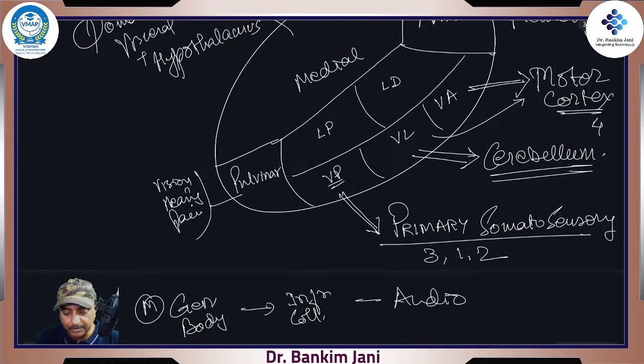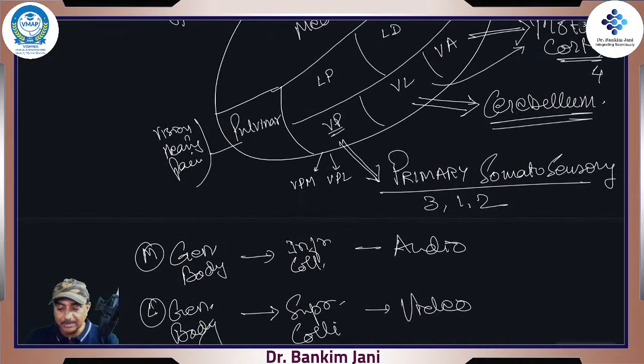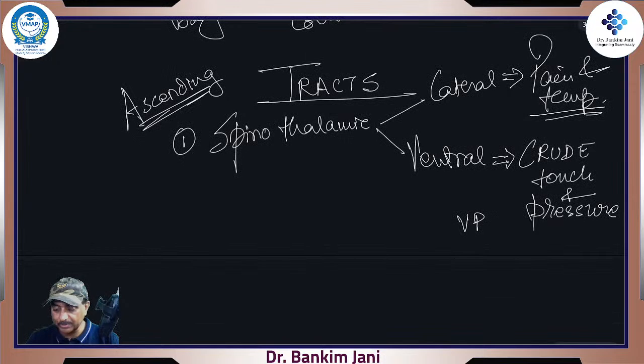This ventro-posterior is actually divided into two parts, ventro-posterior medial and ventro-posterior lateral, because it is going to the primary somatosensory cortex. So this particular feeling of crude touch and pressure is by VPL, ventro-posterior lateral.